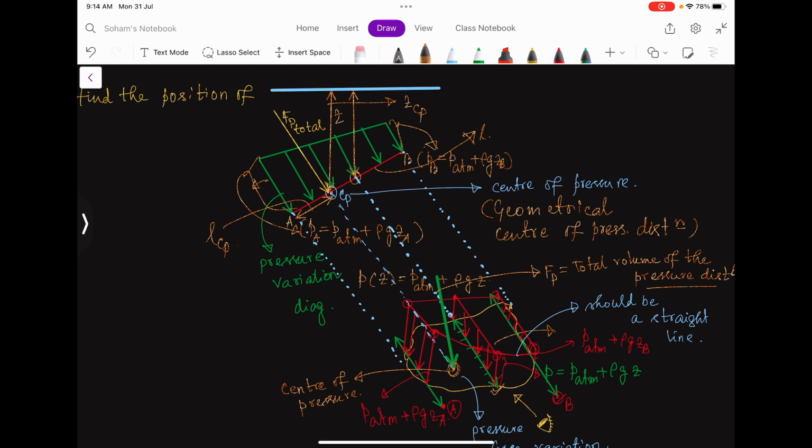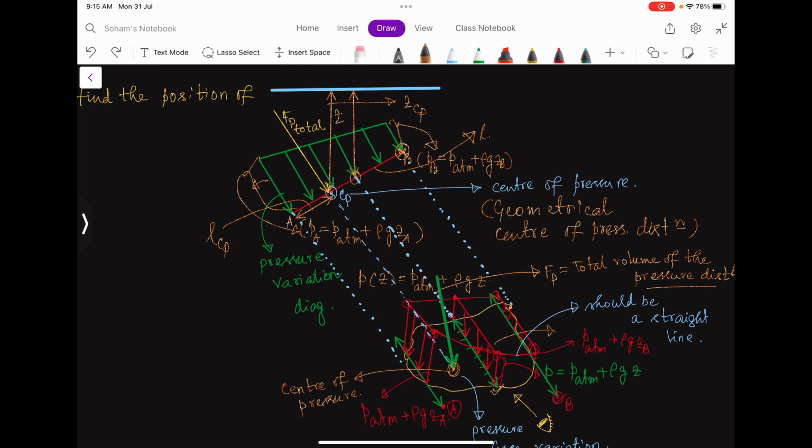And this pressure distribution is symmetric along this axis that is perpendicular to your board on which you are learning. So along this line the pressure variation is symmetric.